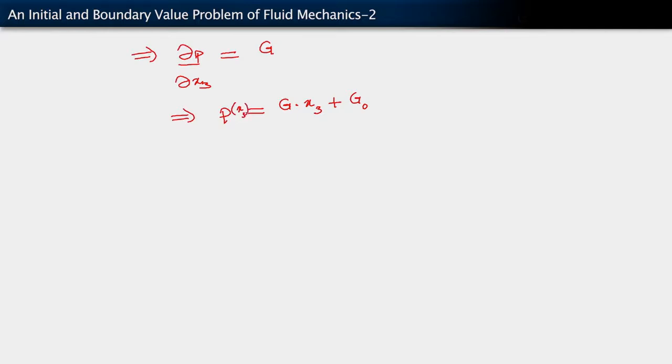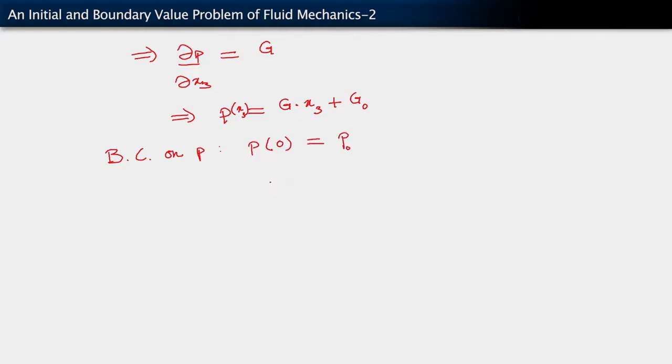But now we invoke our boundary conditions for p. The boundary conditions on p were that p at x3 equals 0 equals P0, the inlet pressure.